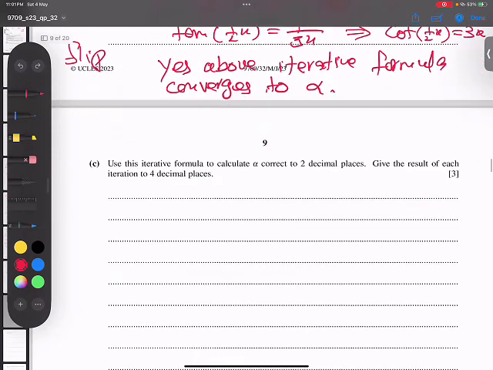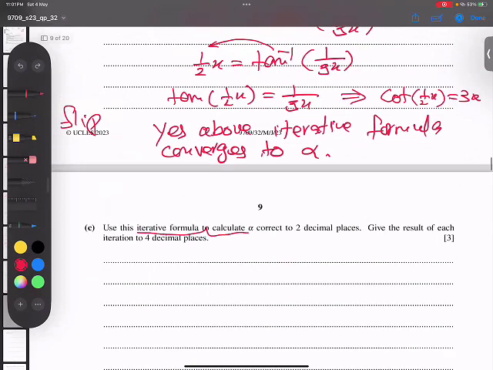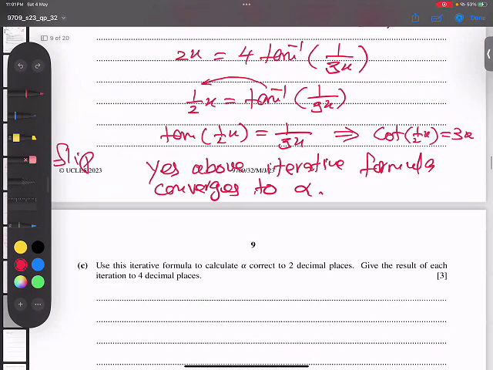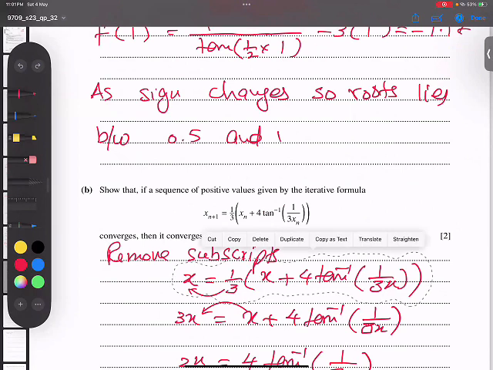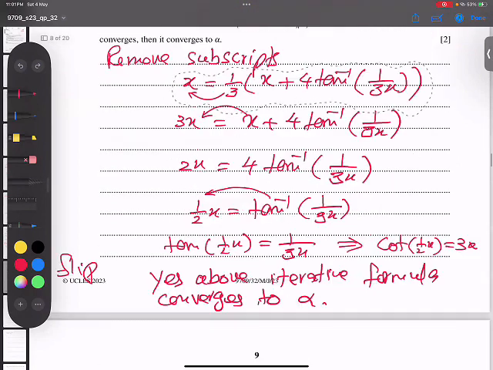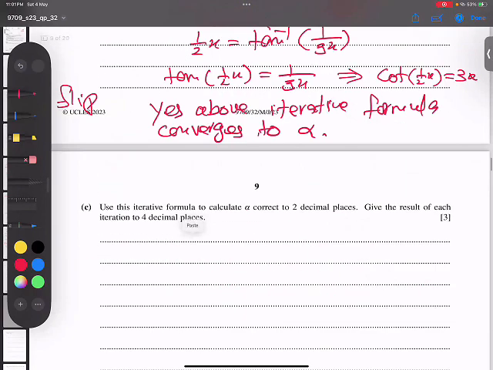I hope you got my point. Use the iterative formula to find alpha to 2dp, giving every answer to 4dp. The thing is that this iterative formula, I need it down. So I will copy it, and as usual, I will take the subscripts as well. I need them now.